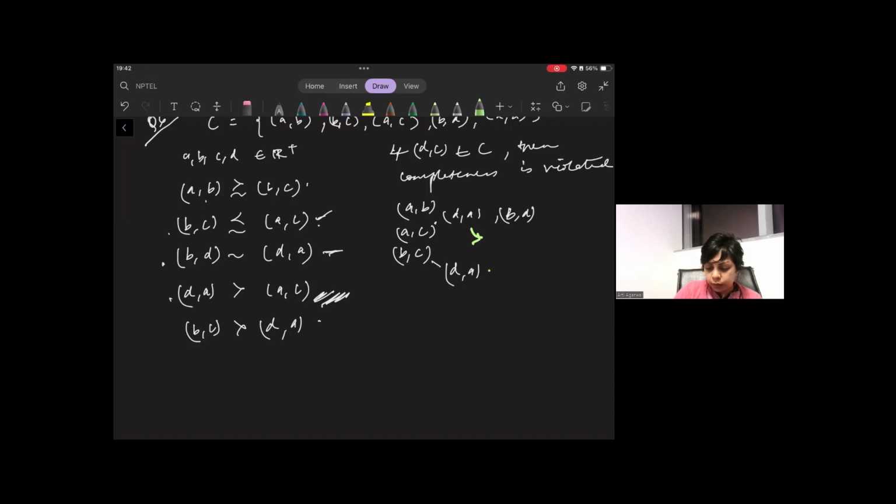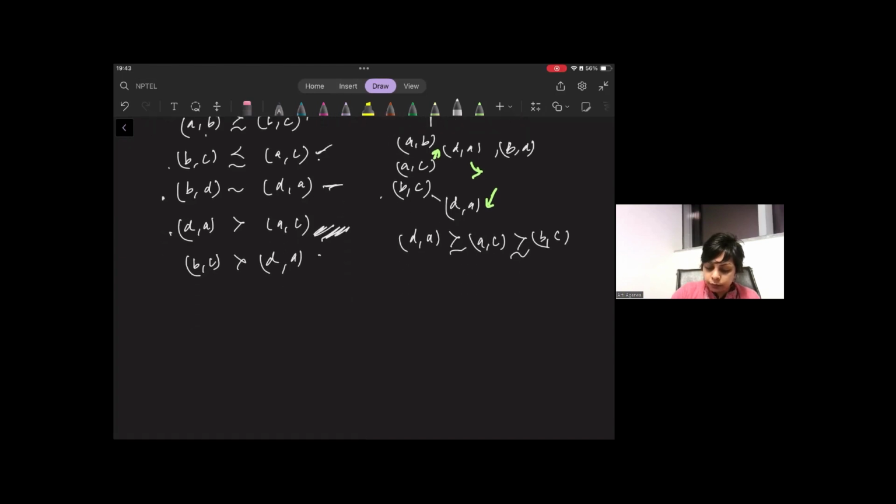This and this, they can't be, because according to this, D comma A is greater than B comma C, right? What we know is D comma A is preferred to A comma C, which is at least as preferred as B comma C, whereas here, what we are getting is B comma C is greater than D comma A. This is what transitivity is saying, but this is violating transitivity.